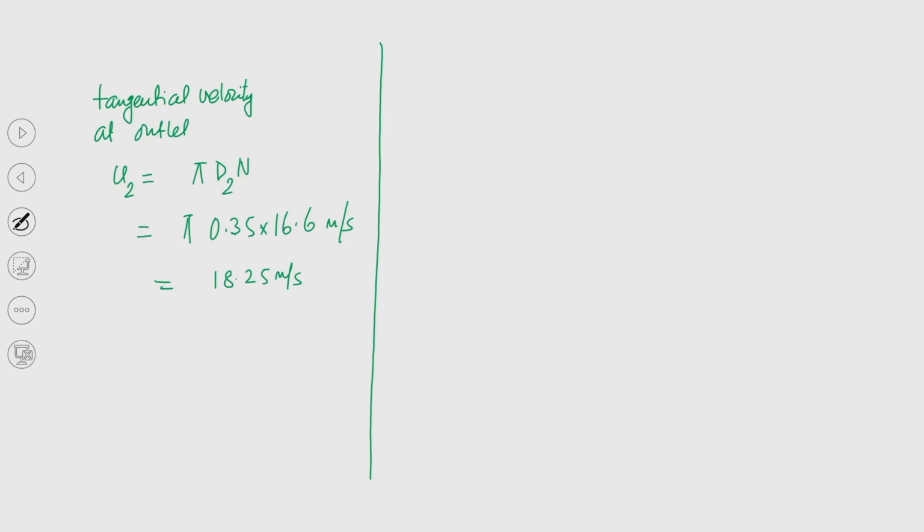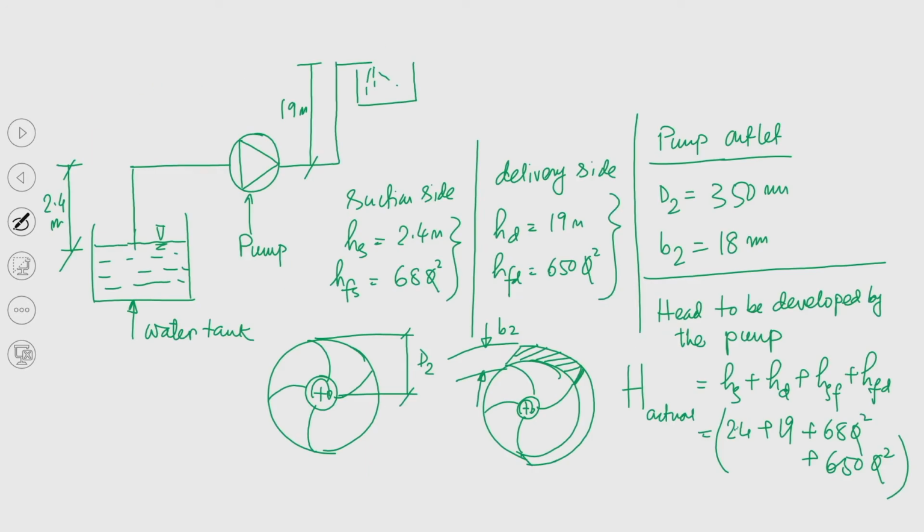If we take any particular blade, rotating in this direction, we can draw the velocity triangles with only one blade.